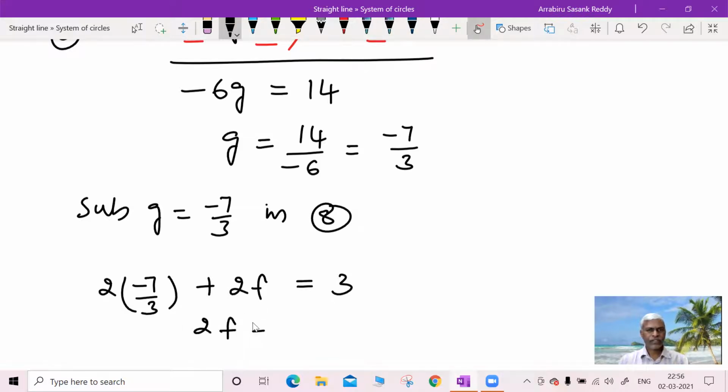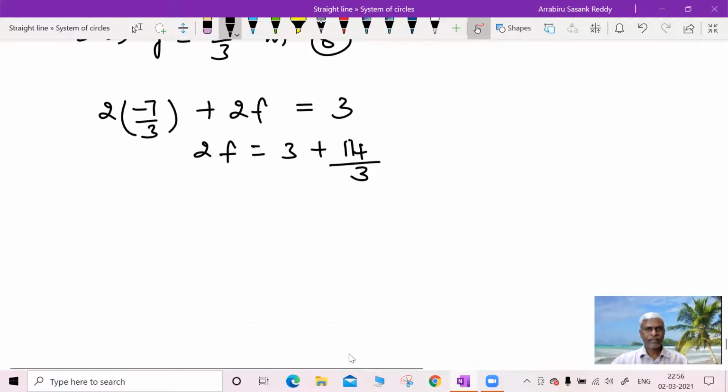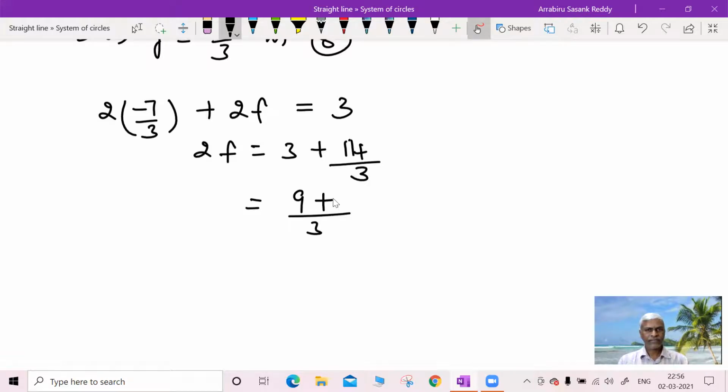So 2f is equal to 3, 2 into 7, minus 14 becomes plus 14 by 3. Taking LCM, 3 by 3 plus 14, that is 23 by 3, 2f.